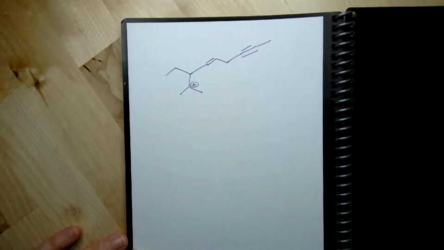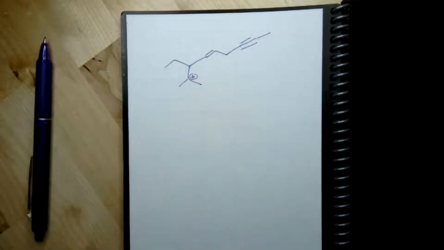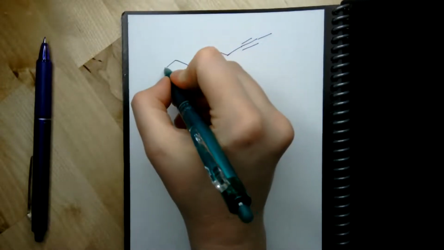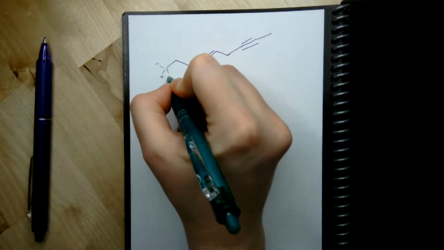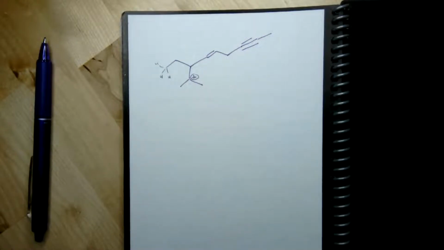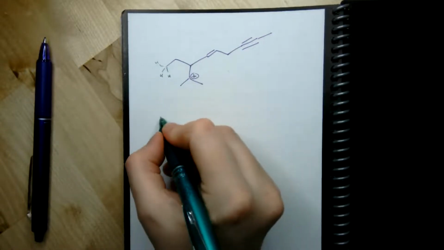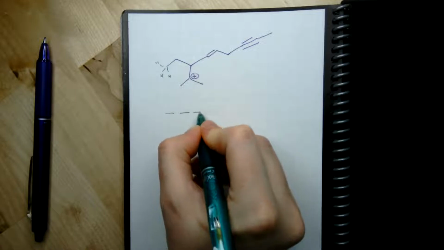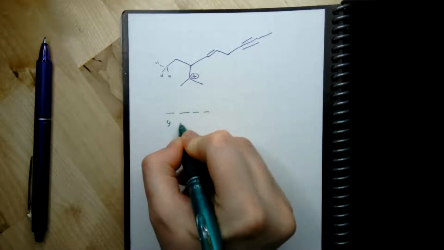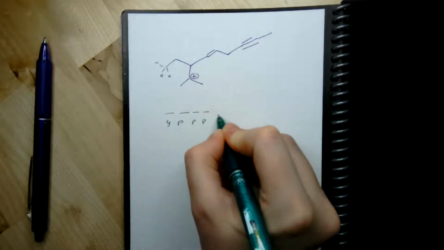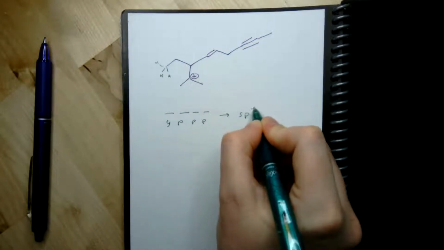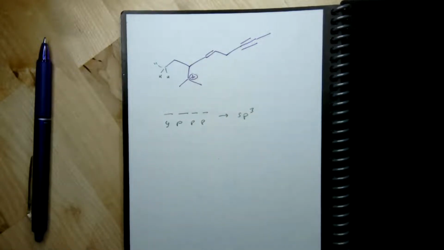So what I look for is the number of sigma bonds around each atom. Right here, there's 3 implied hydrogens and 1 bond to carbon. That's 4 sigma bonds. So I count up the number of sigma bonds. There's 4. So that must mean it's 1 s and 3 p's. So if there's 4 sigma bonds, it's sp3.